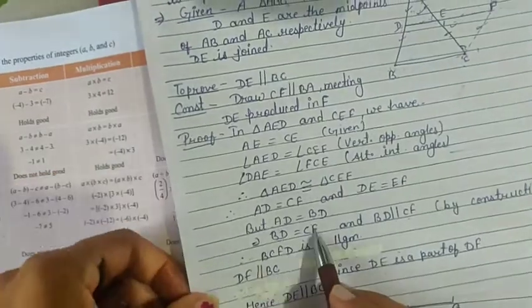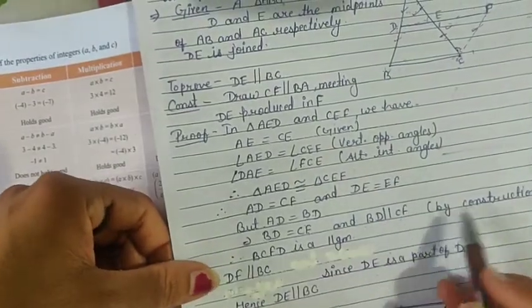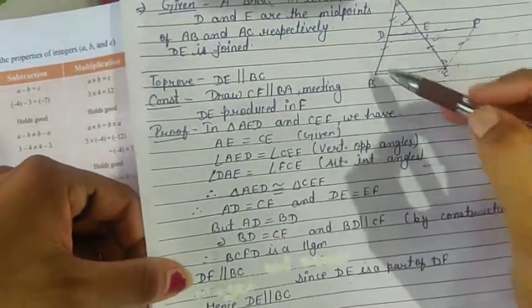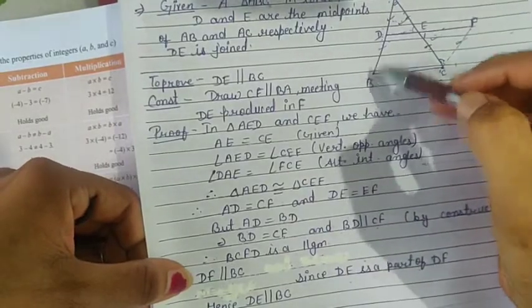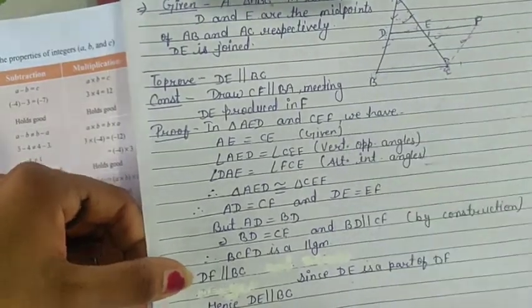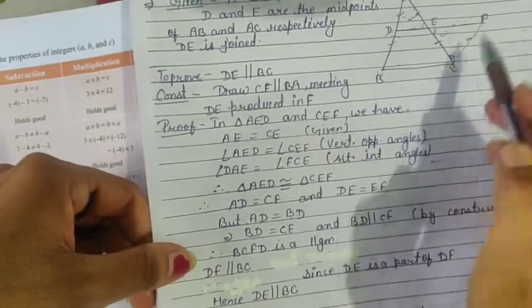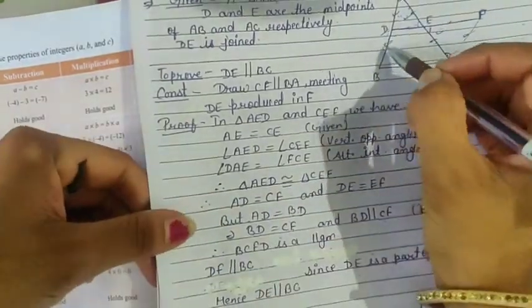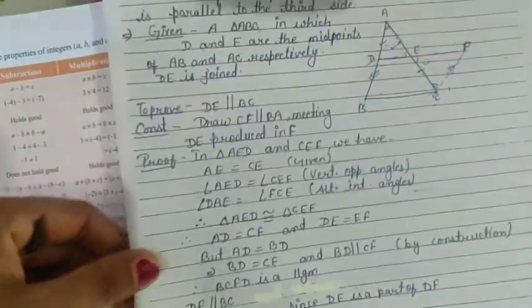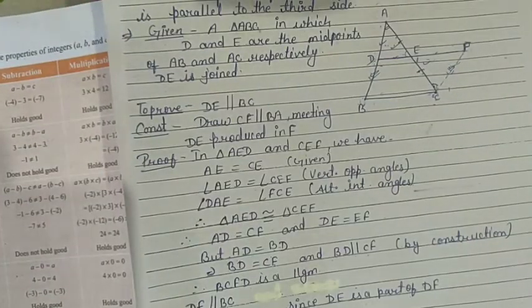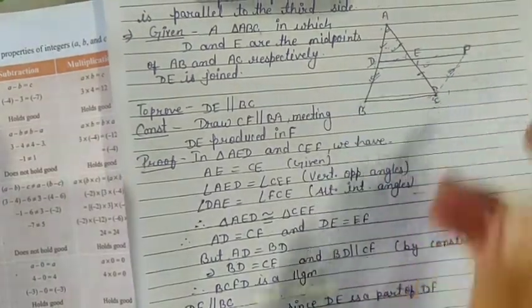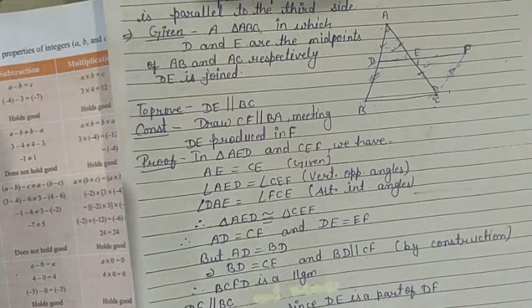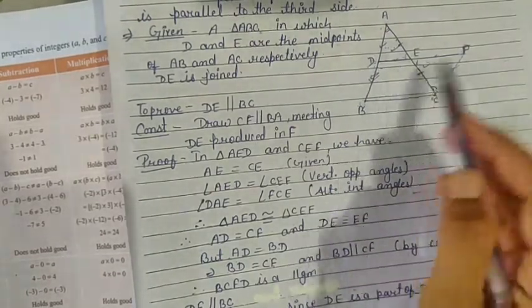Hence BD equals to CF and BD parallel to CF by construction because we construct CF as parallel line to AB. So BCFD is a parallelogram because one pair of opposite sides is parallel and equal. Then we can say that this is a parallelogram by theorem 8.8. Hence this is a parallelogram.